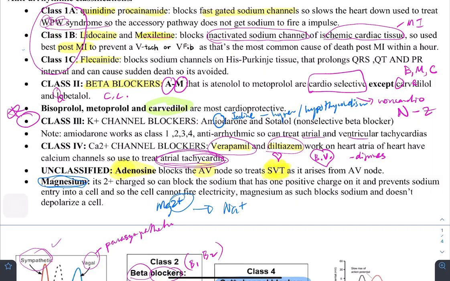It displaces sodium from entering into the cells to further depolarize or activate the action potential. So magnesium blocks sodium entrance, and so the cells don't depolarize, because of the difference in the charges. Mg2+ versus sodium 1+.